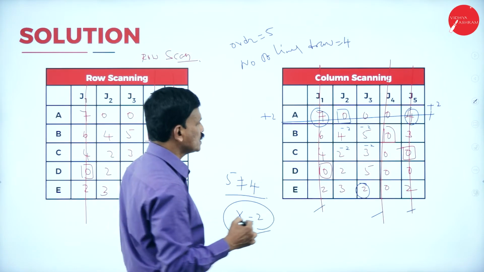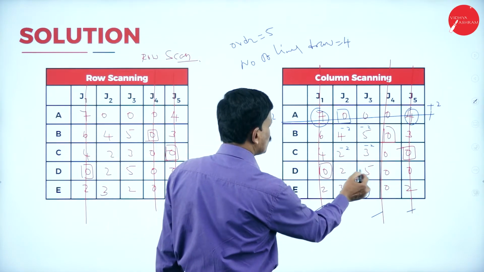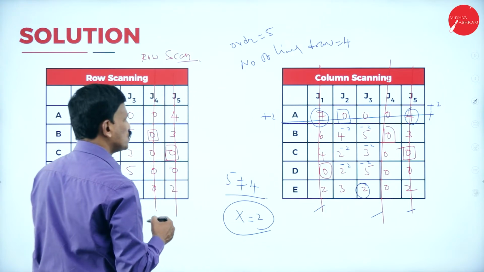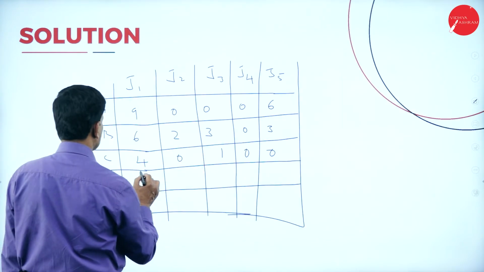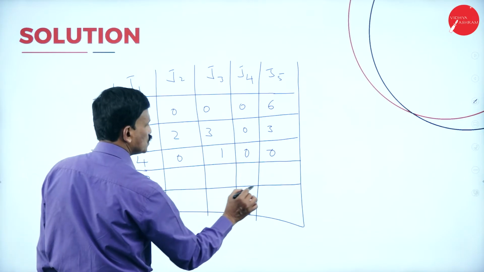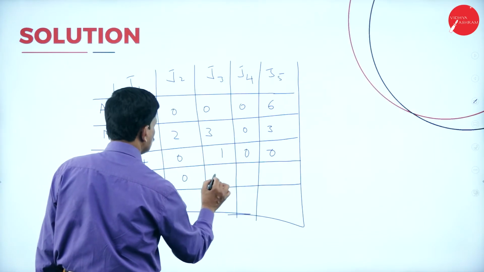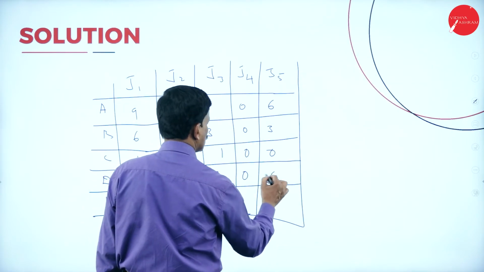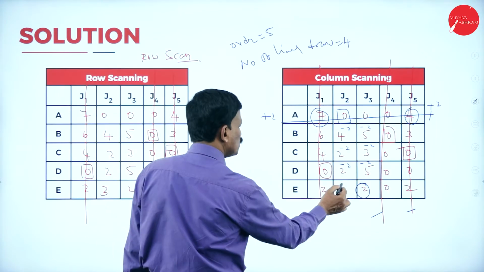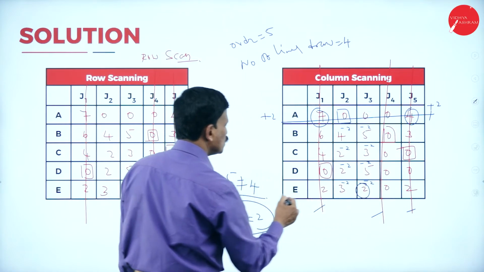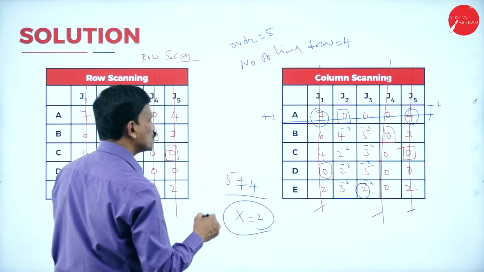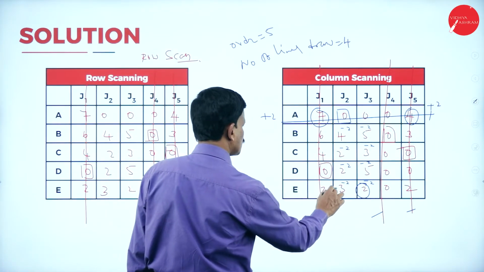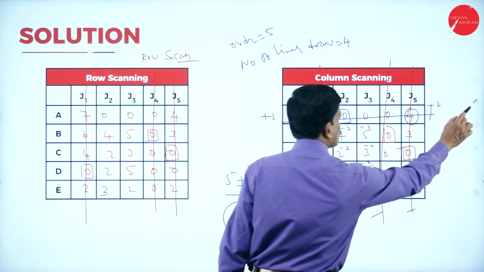Now let us come to the next. 0, you can subtract 2 here, 0, 2 minus 2 is 0, 5 minus 2 is 3, 0, 0, 2, 3, then 0, 0. And the last, 3 minus 2, 2 minus 2, 0, 0, 0, 2, 2, 0, 0, 2, sorry, 3 minus 2 is 1, not 0.